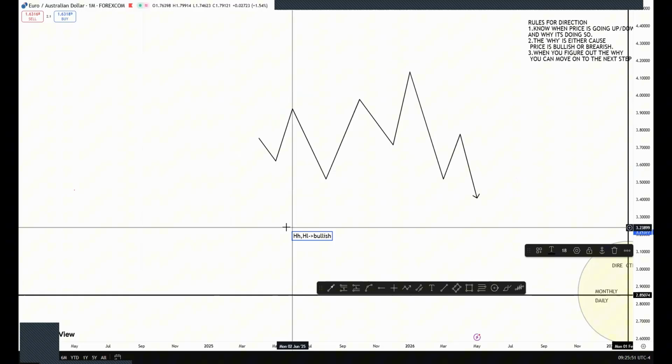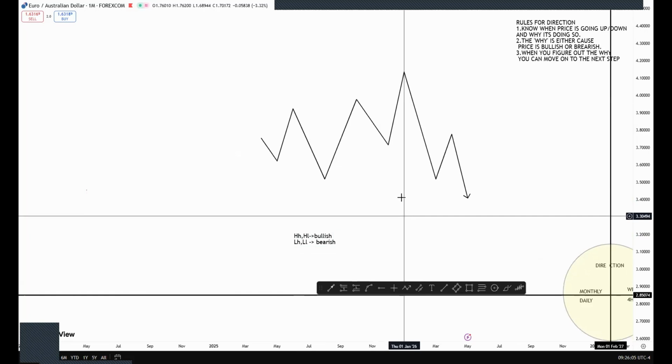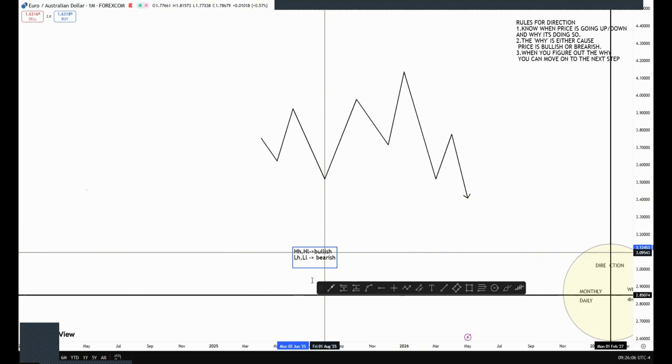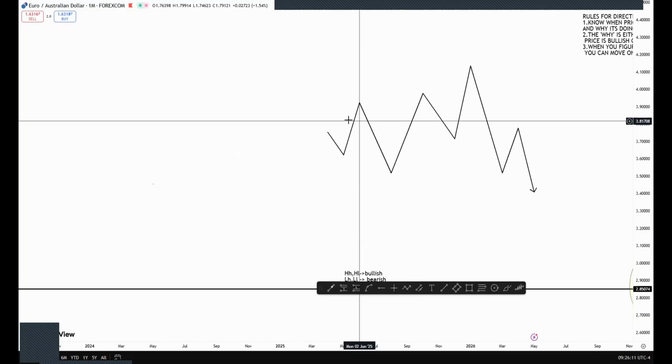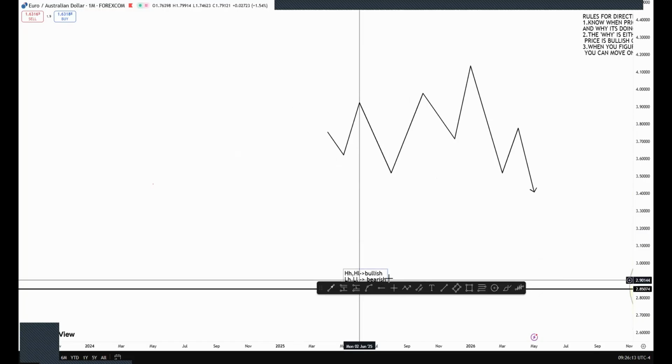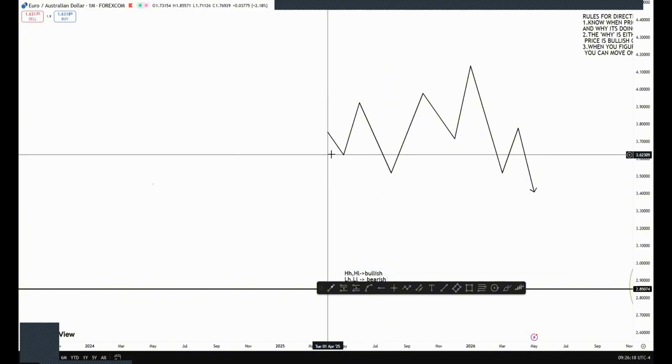When price makes a lower high, lower low, bearish, right? Sure you all know this. So a higher high is just the highest point when price is bullish, and a higher low is just the highest lowest point when price is bullish. Okay.